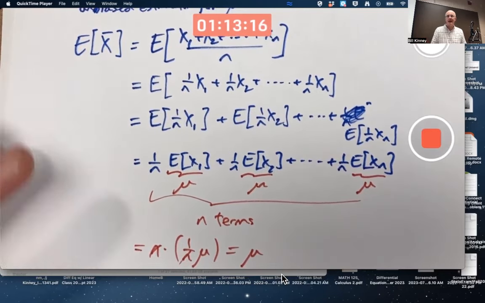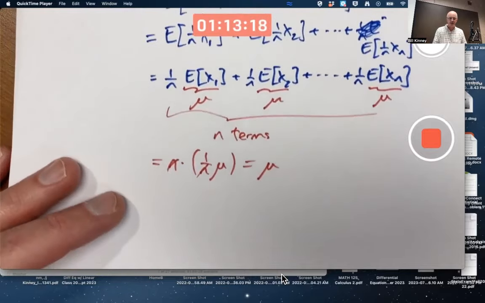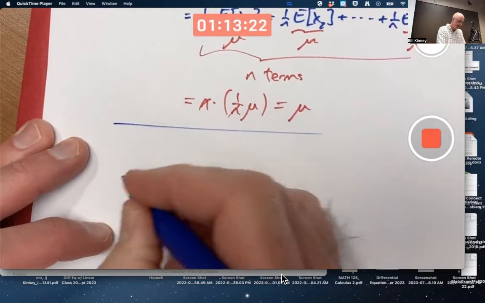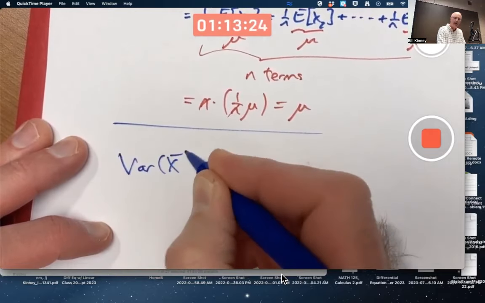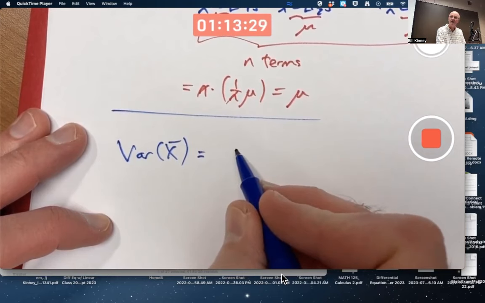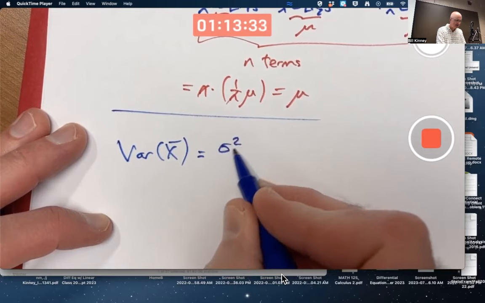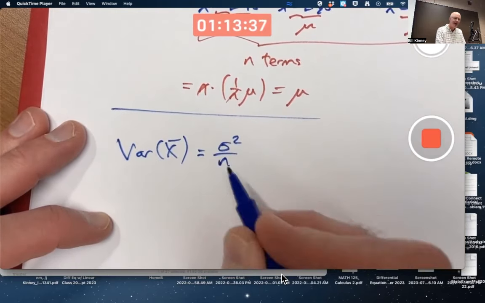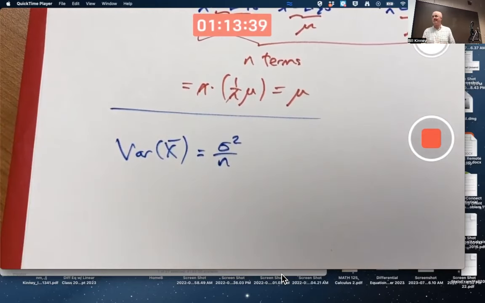You can say other things about X bar. This is something you should know for the homework. It's in the reading. You can compute its variance. What does it equal? Not sigma squared, but instead sigma squared divided by the sample size, n. And that's a very good thing.